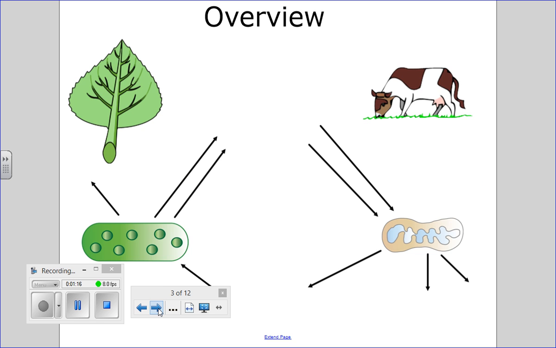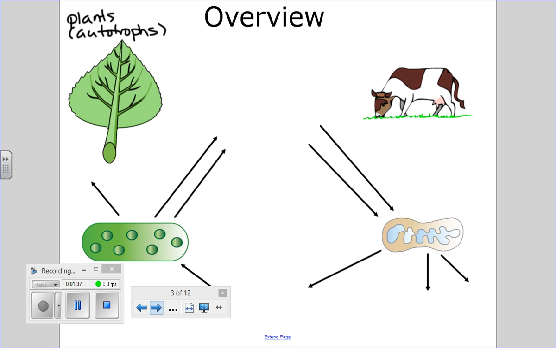Now that we had done yesterday, and then we started talking about the overview, and I want to remind you just a couple of things that we had already said. Photosynthesis happens in plants, or more specifically, autotrophs. Auto means on your own, troph refers to how you get your food.